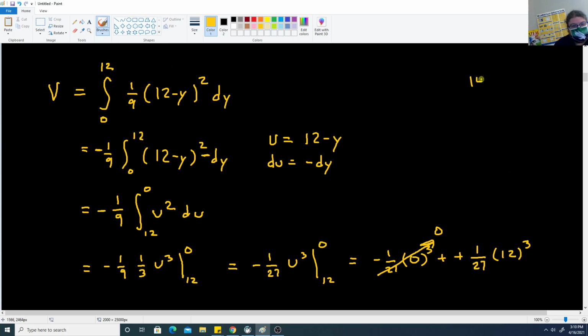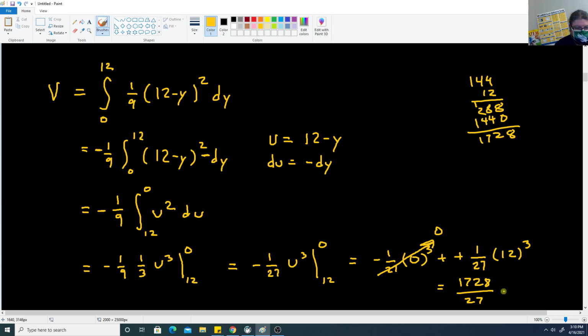12 squared is 144. If I multiply 144 by another 12, that's 1728. So it looks like we get 1728 over 27 for my volume, which ends up being 64.